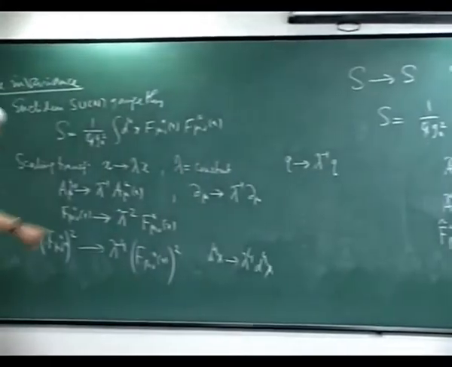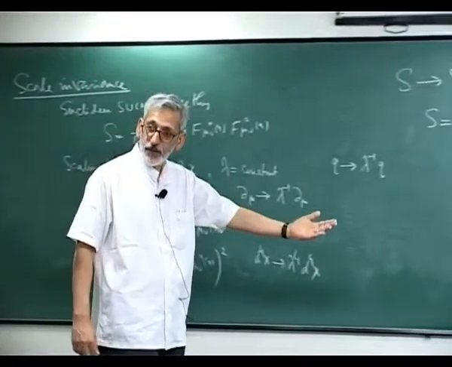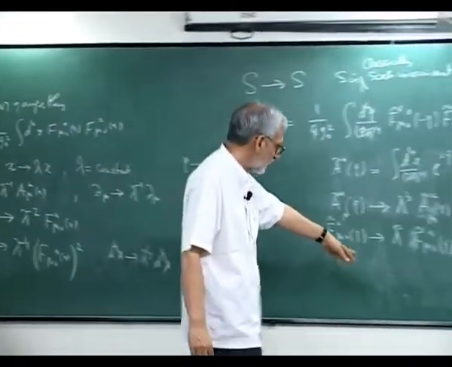Same thing: this scales as lambda to the minus 2, the Fourier transform will scale as lambda to the 4 times lambda to the minus 2, so that is lambda square.